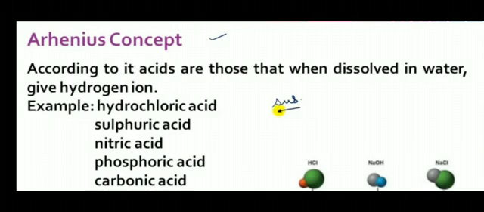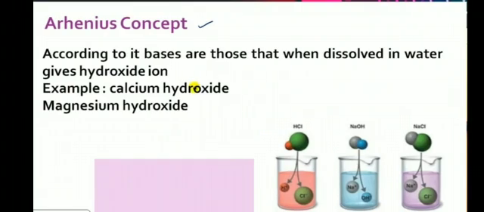Okay. Now, similarly, bases were defined. Bases dissociate into hydroxide ions in an aqueous solution. For example, NaOH is a base. In an aqueous solution, it will dissociate into Na+ and OH- ions.